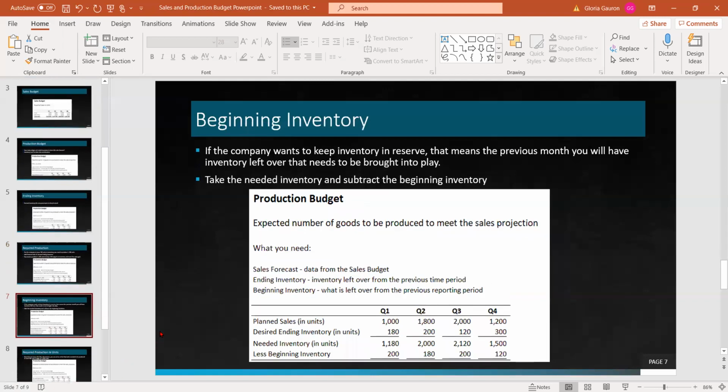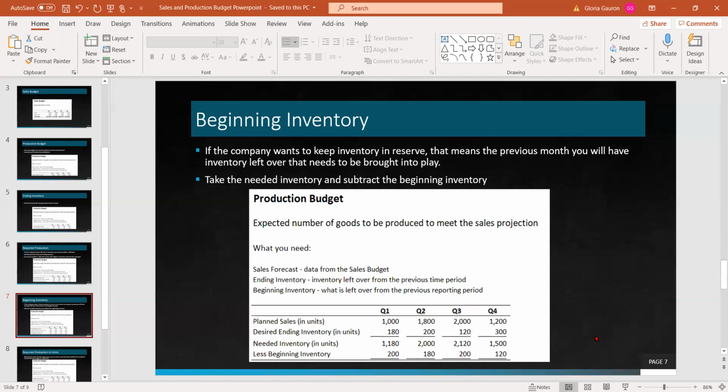The next step is to say, okay, wait a minute, before I get to what I actually need produced, I have inventory left over from the previous months, and that's down here, less beginning inventory. So my planned sales come from the sales budget. My desired ending inventory is a number that you say, okay, this is what I want to make sure that I have left over.